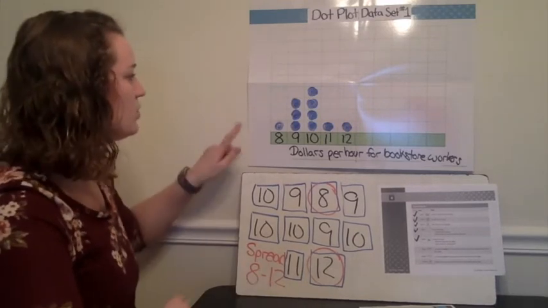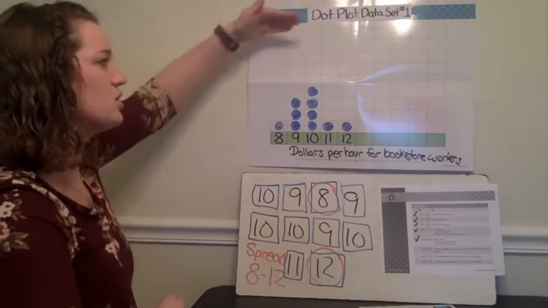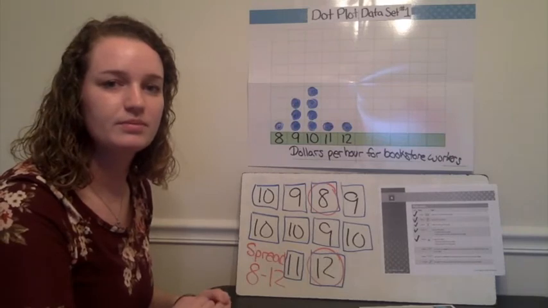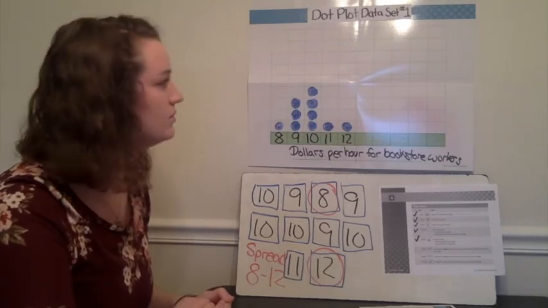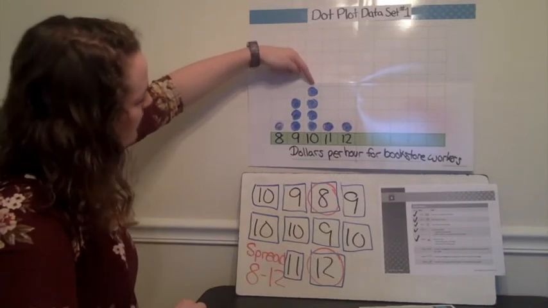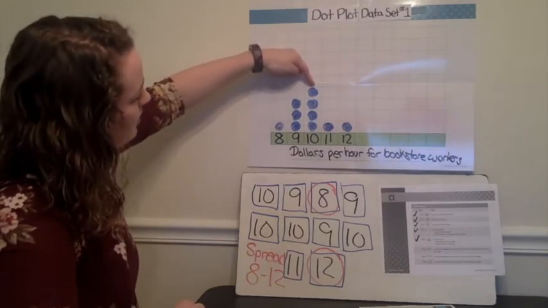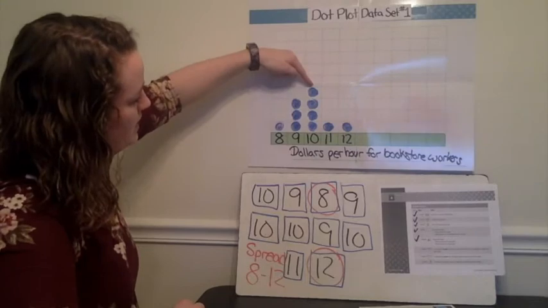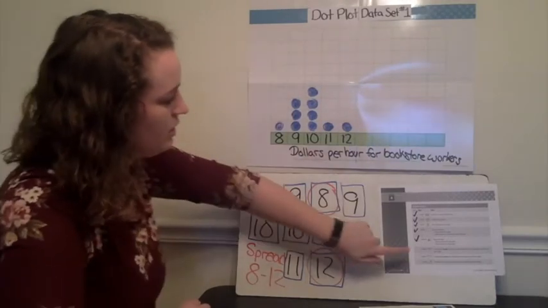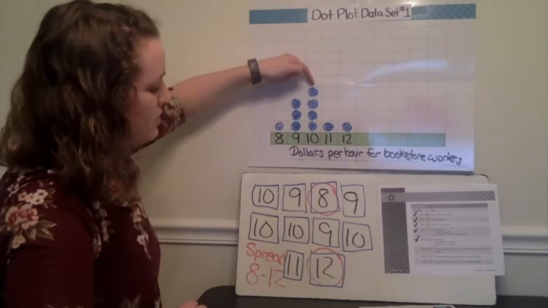Okay, so which one has the most? Which one's the tallest? What do you think? I think 10 is our tallest one, right? It goes the highest. Okay, so our mode here is going to be 10.